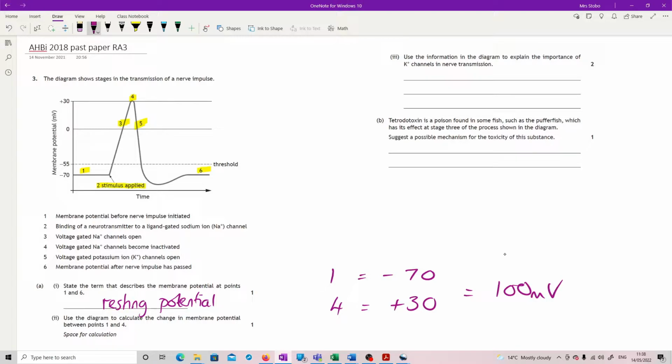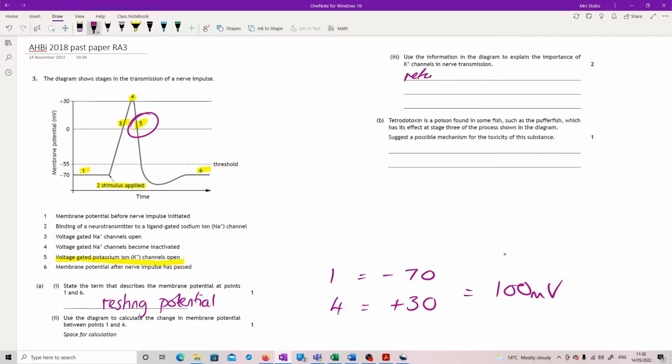Part 3. Use the information in the diagram to explain the importance of the K+ channels, so potassium ion channels, in nerve transmission. So let's find where the potassium is involved. It says voltage-gated potassium ion channels open at 5. So what that is doing is returning the potential to where it should be.